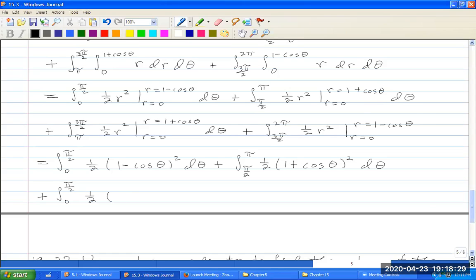So let's actually do that: 1 plus 2 cosine theta plus cosine squared theta, plus the integral.